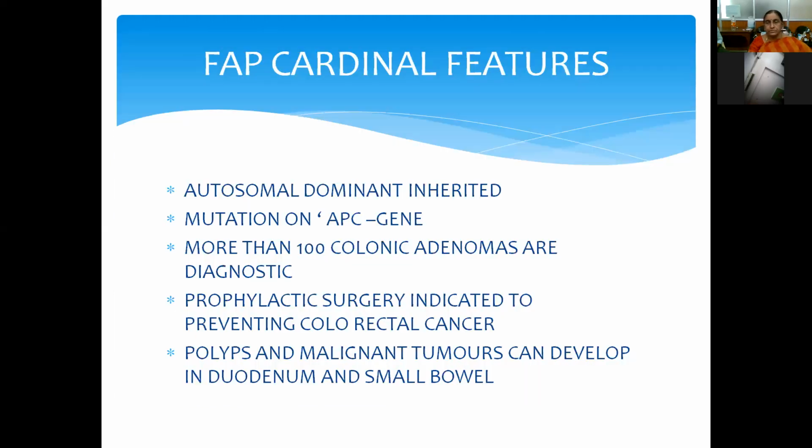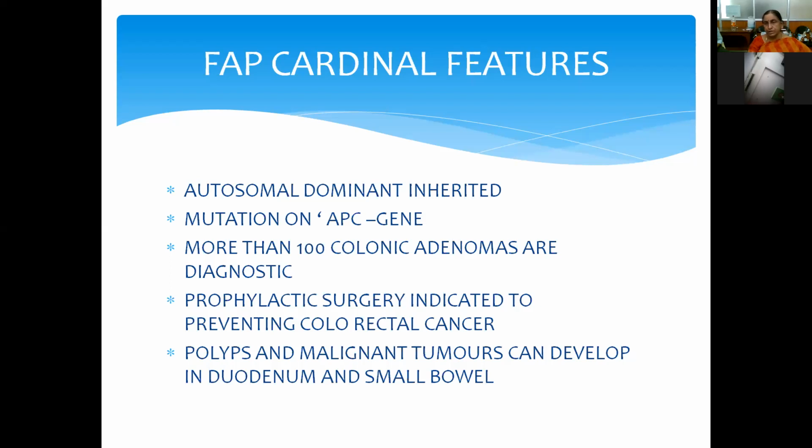Coming to the cardinal features of FAP, it is an autosomal dominant inherited condition and there is a mutation on the APC gene. This autosomal dominant inheritance you will see in 80% of the patients, whereas the rest of the 20% will show a new mutation on the APC gene. More than 100 colonic adenomas are diagnosed.